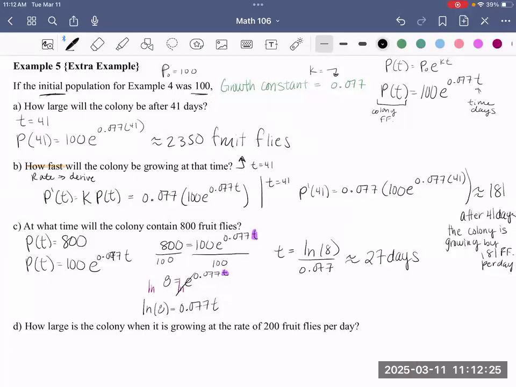So it's going to take approximately 27 days for the population of fruit flies to achieve 800 fruit flies, given that we started at 100 and your growth rate is 0.077.